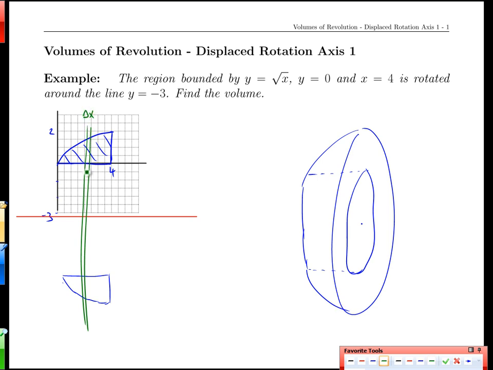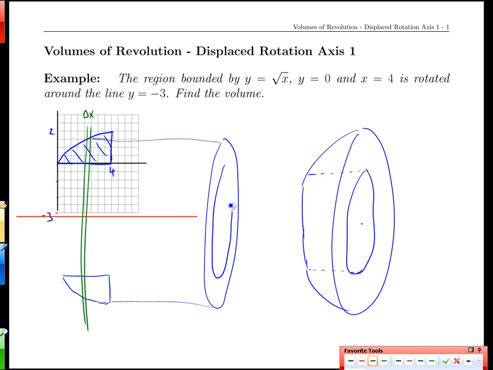Let's call that thickness, well, it's a small increment of x, so it'll be delta x thick. And if we make a slice there, let's bring this out, what are we going to see? We're going to see a large but easily defined outer circle and a smaller but also easily defined inner circle, and this whole thing will be delta x thick.